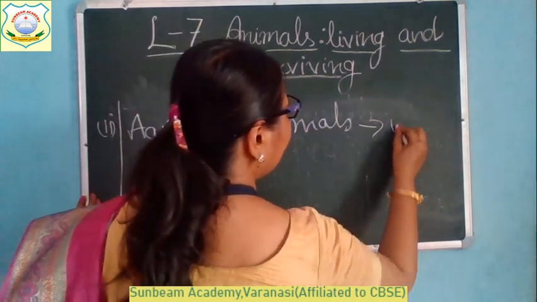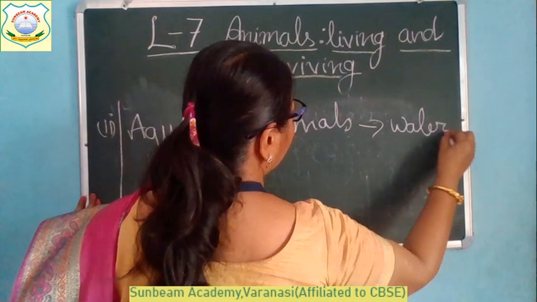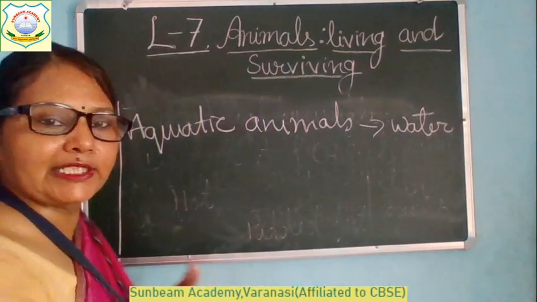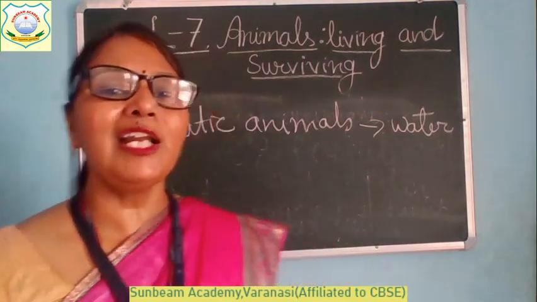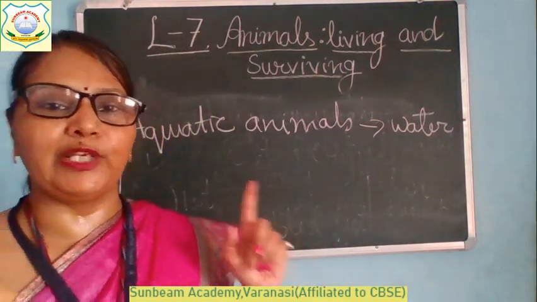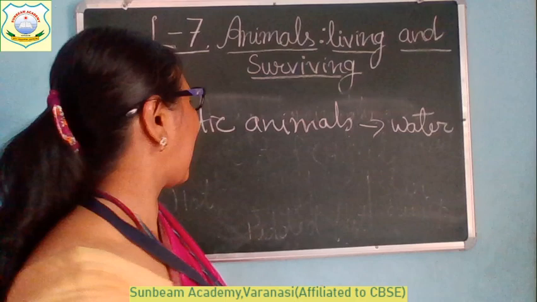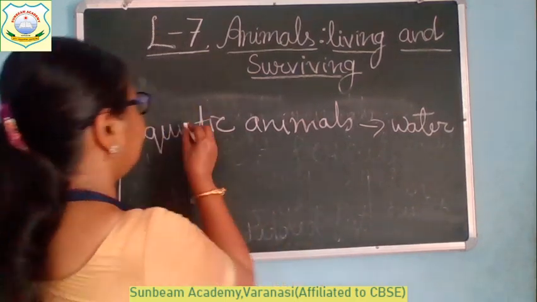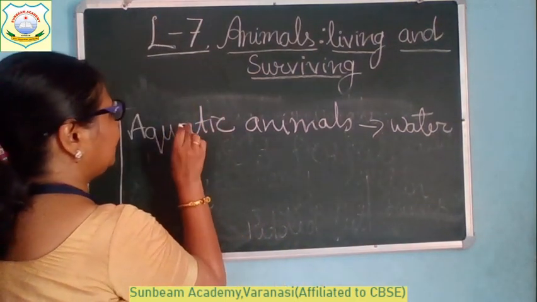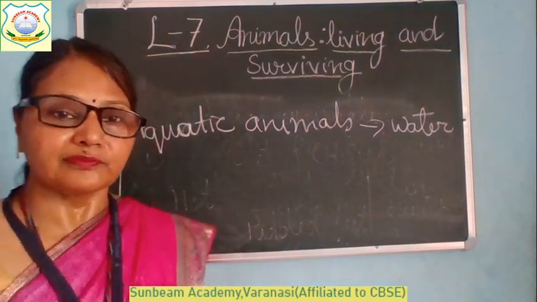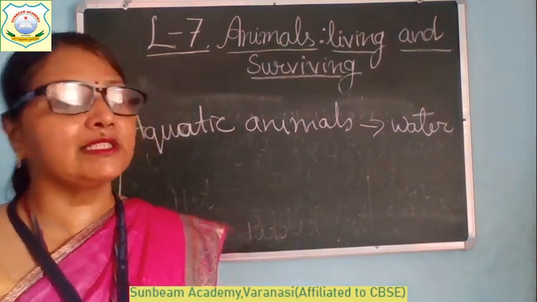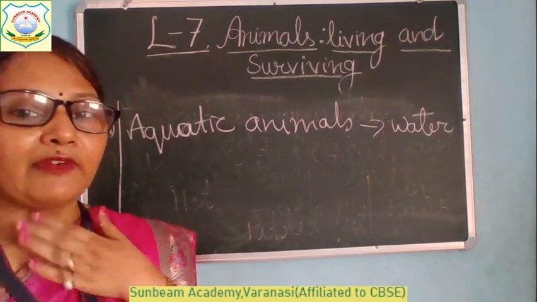Animals who live in water, whose habitat is water. They can survive in water. They are called aquatic animals. Okay, dear? This is the A. They have special features so that they can survive in the aquatic place.